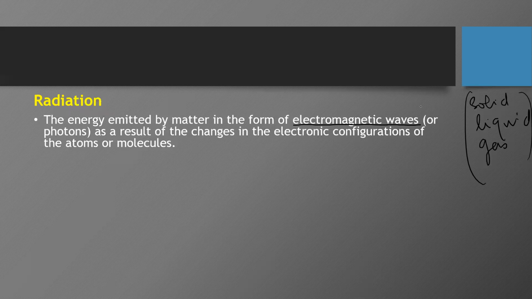Or if we are talking in the quantum field, that will be called photons. That's also a particle called a photon, or electromagnetic wave is also okay, right? It is a result of changes in the electronic configurations in the atoms or molecules.